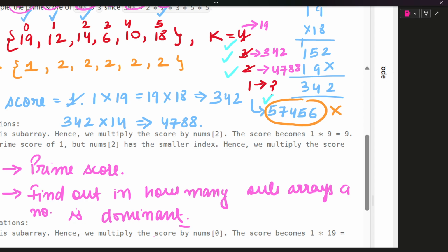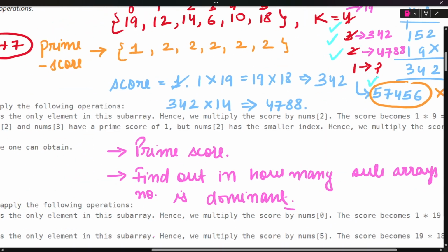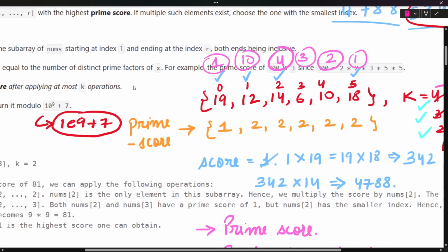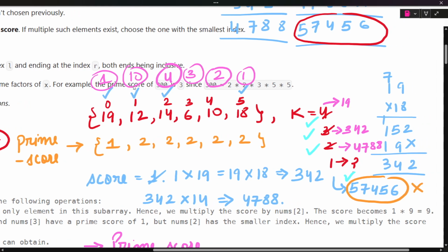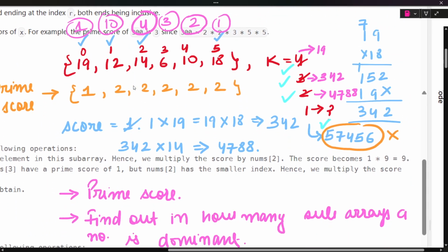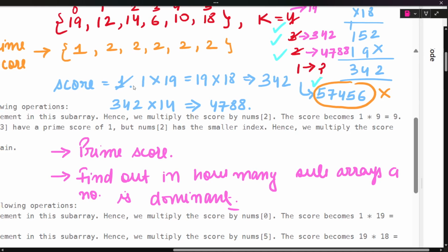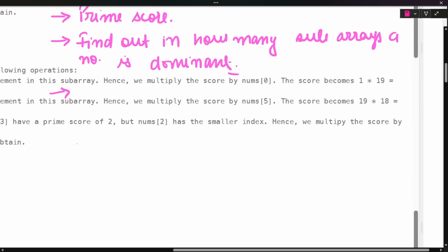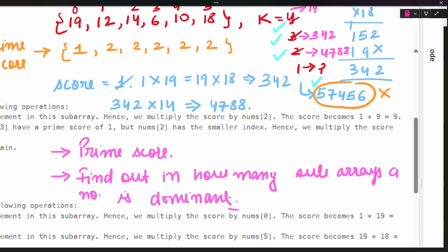It's not included in the question, but I am saying dominant because it is dominating in those subarrays. So how can we find out the dominance? Based on dominance, things might be very clear to you. Let me just write it down.